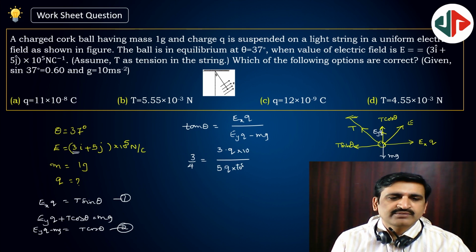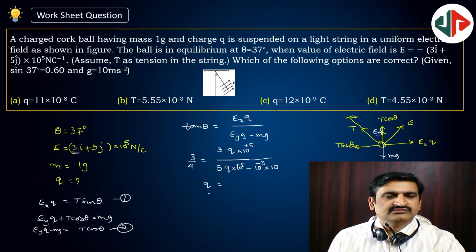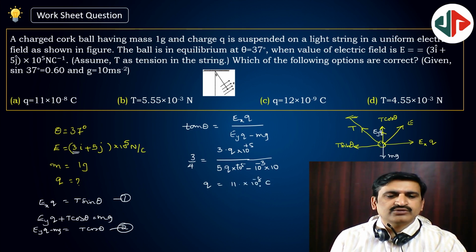Here also 10 to the power of plus 5 is there. Minus mg, m value 1 gram, 10 to the power of minus 3 into g value 10. So from here onwards I can find Q value. Q is equal to 11 into 10 to the power of minus 8 coulombs.